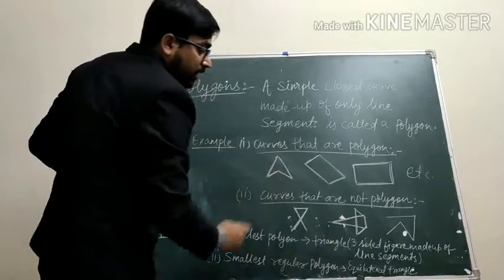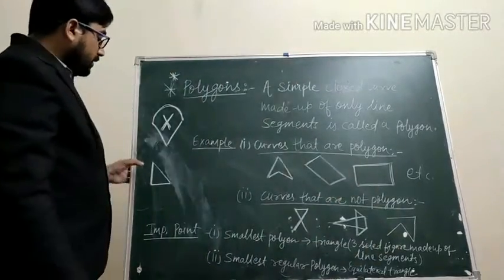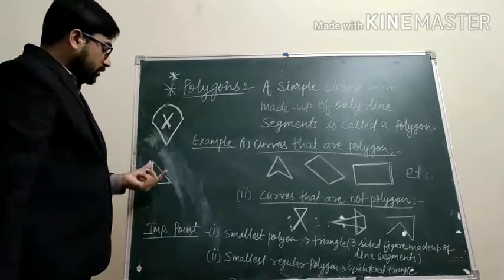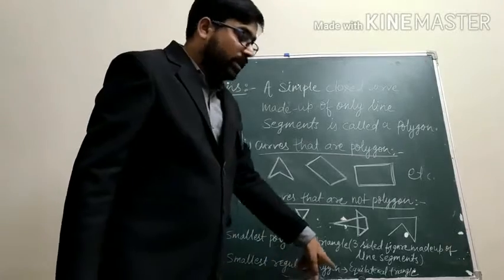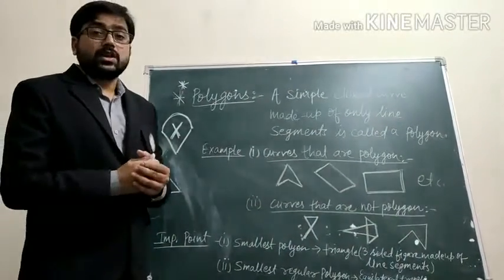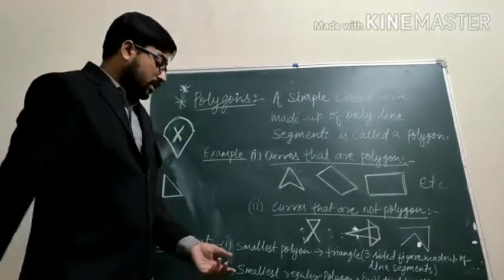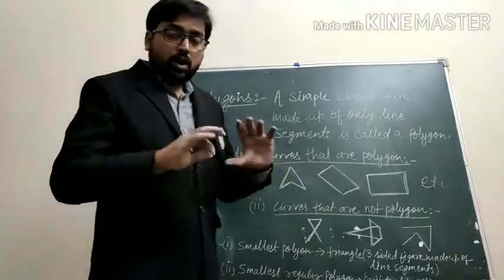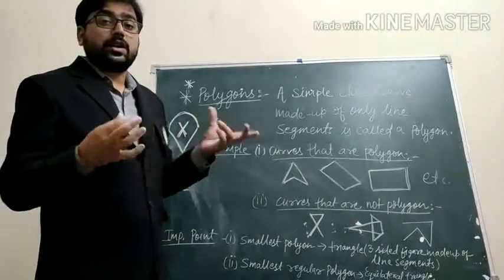Triangle, a three-sided figure made up of line segments. What is the smallest regular polygon? Equilateral triangle. Equilateral triangle means a triangle whose all sides are equal. Regular means all sides and all angles are equal. That polygon is called a regular polygon.